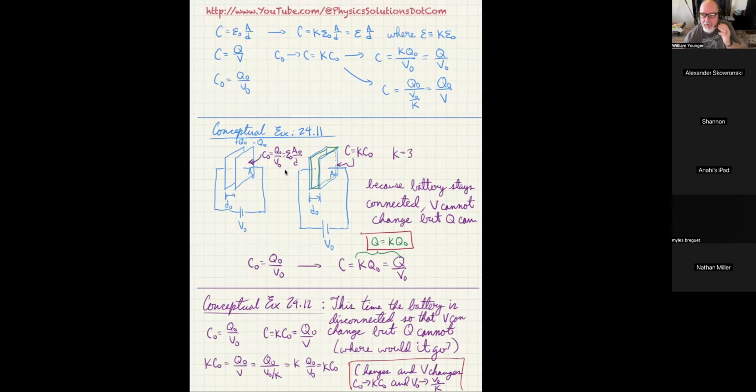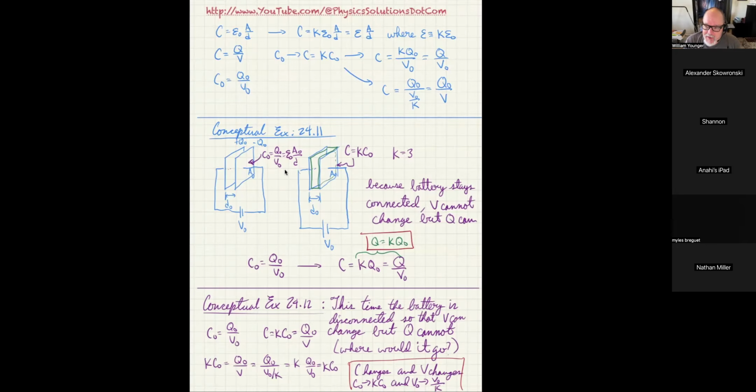Now remember that voltage is the integral of E dot dl. That's the way we calculate voltage. And what we found is, at least in between the plates of a parallel plate capacitor, the electric field is a constant. And if you get an electric field being a constant and you integrate from one plate to the other, what you see is the voltage going up by a factor of K, or in this case, it actually went down by a factor of K. That could be a result of the electric field being decreased by a factor of K, and it turns out that's one of the ways it can be done.